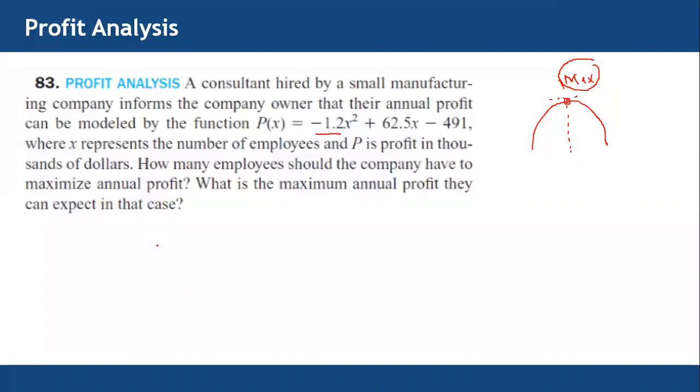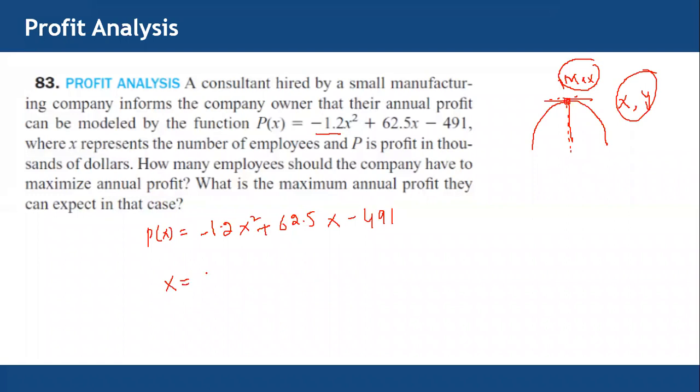We have the function P(x) equals minus 1.2x squared plus 62.5x minus 491. For finding the maximum point, we have two values, h and k, or you can say the x and y values. For the x value, we have the formula minus b divided by 2a.